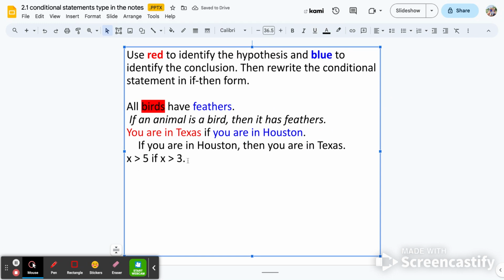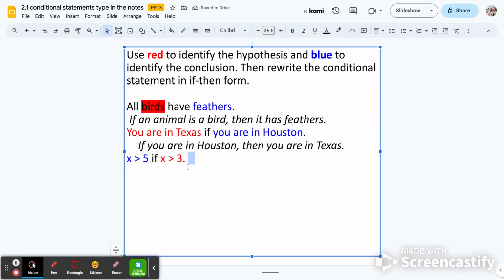Next, we have if x is greater than 5, x would be greater than 3. So for that one, we just want to make sure we know which one is the red hypothesis and which one is the blue conclusion. For this one, the hypothesis is that x is greater than 5, so that would be your red hypothesis, and blue would be your conclusion, x is greater than 3.